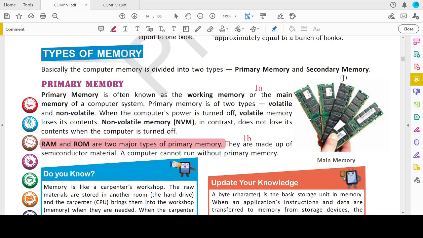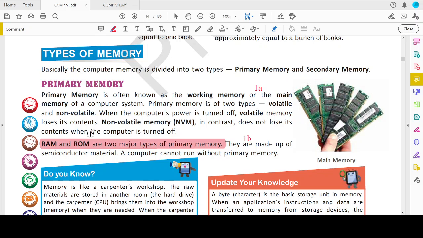RAM and ROM are the two major types of primary memory. They are made up of semiconductor memory material. A computer cannot run without primary memory. Now here you find two kinds of primary memory. One is RAM, another is ROM.